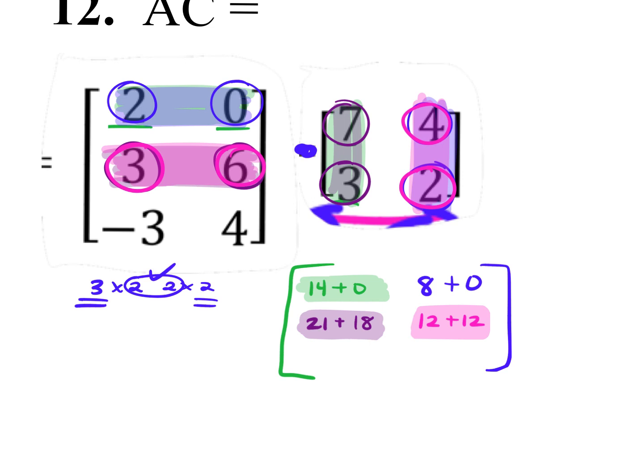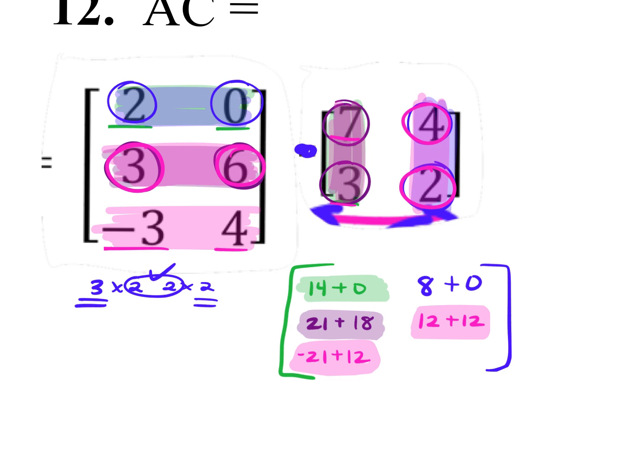And then your last row, you have -3, 4 with your first column. That's going to go here. So this is going to be -3 times 7 is a -21. And 4 times 3 is 12.